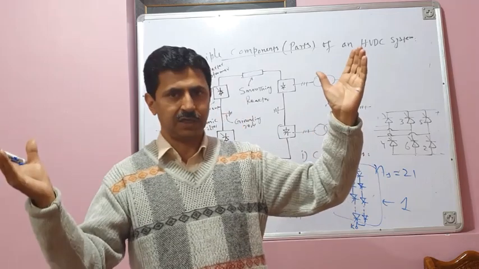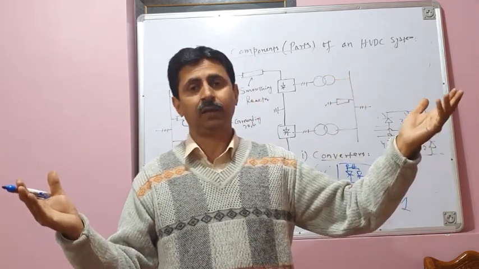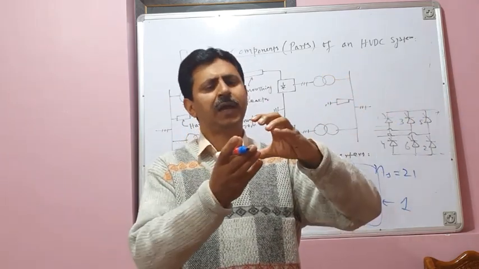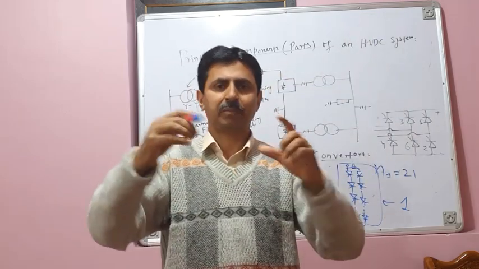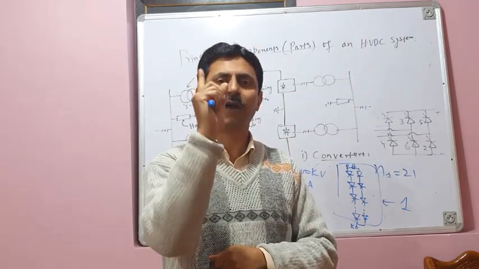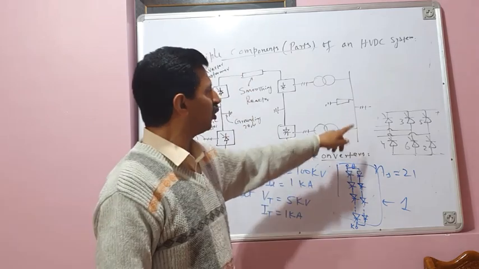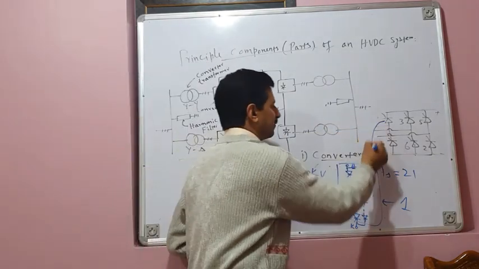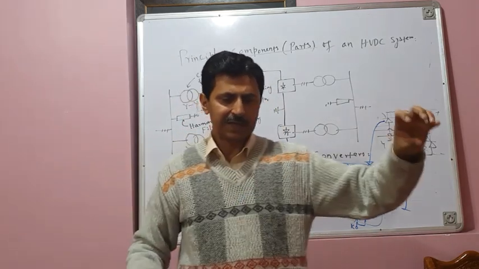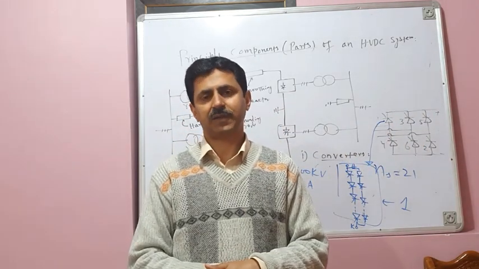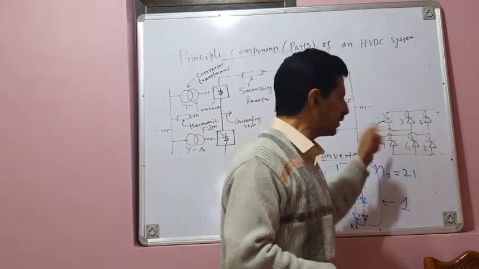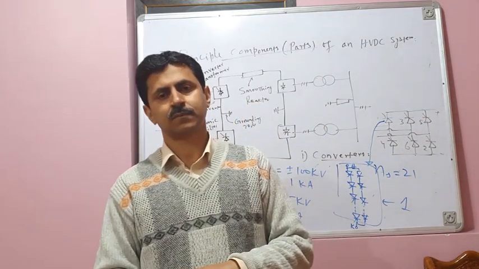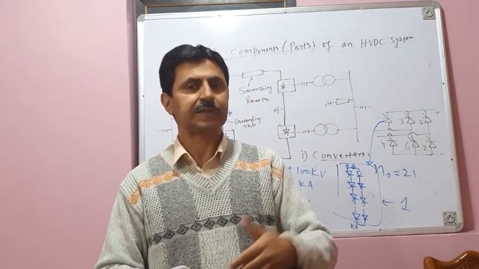For a high voltage rating, say a 500 kV line or 800 kV line, you may have hundreds of thyristors in series and parallel, and that forms your one valve. So this valve 1 comprises series and parallel strings of SCRs. Same is the case with the other valves. I hope this is clear to you.